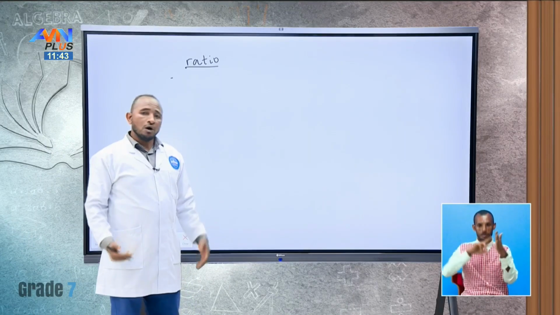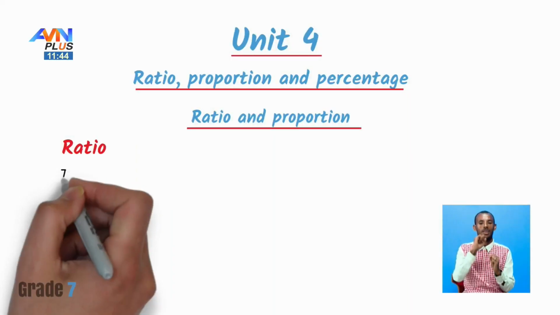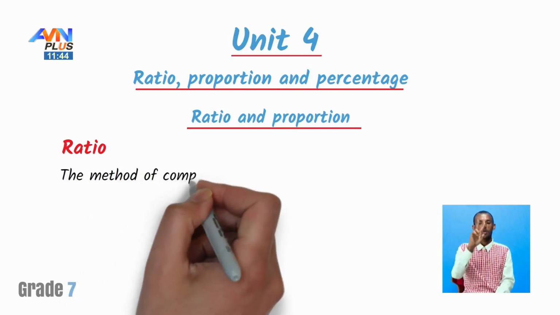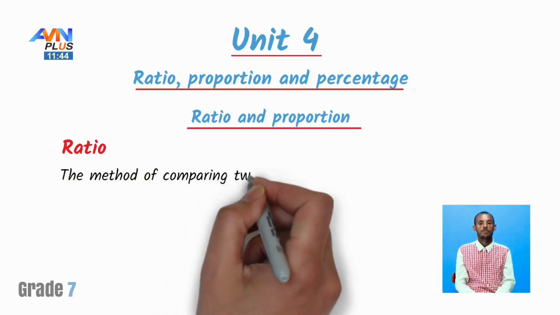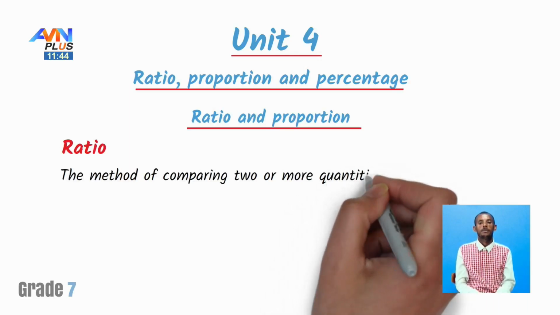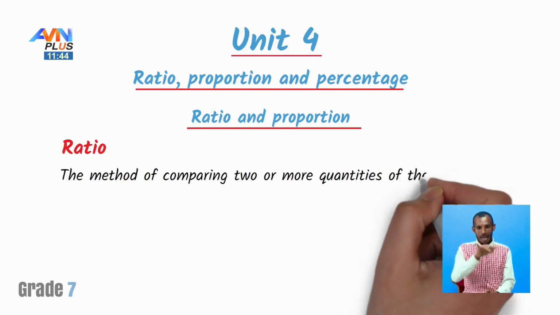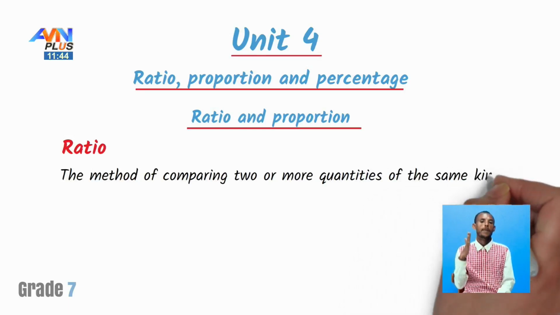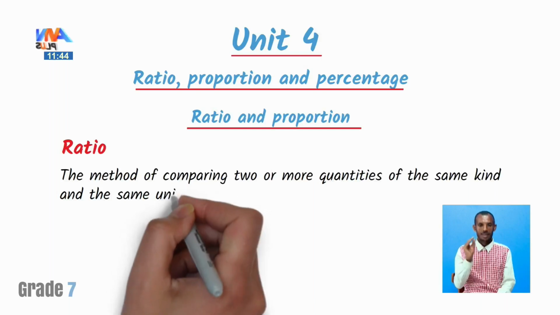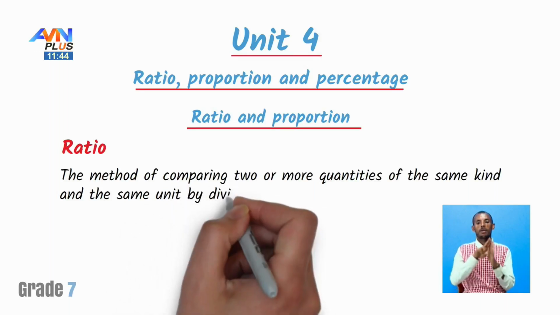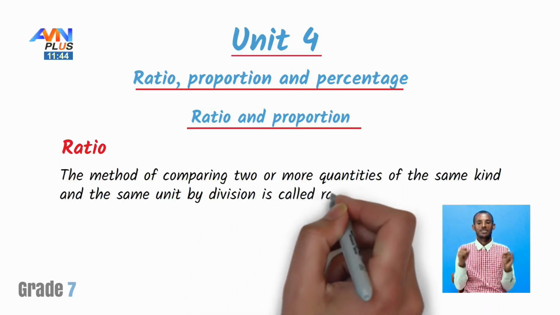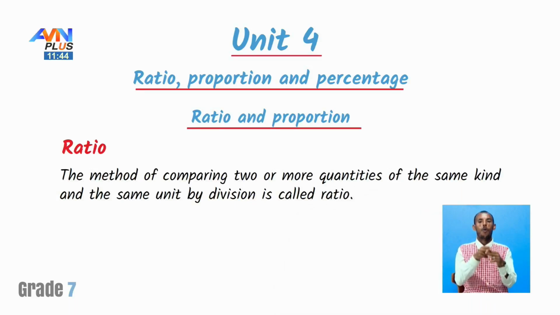The method of comparing two or more quantities of the same kind and the same unit by division is called ratio.